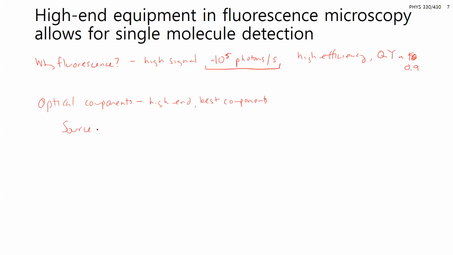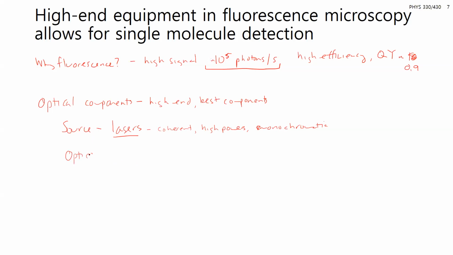So to do this, the source that you want to use would be lasers. There's no use of lamps with single molecule detection. Lasers, because they're coherent, you can have high powers. It's monochromatic. Those are the benefits of using lasers for fluorescence microscopy for single molecule detection.